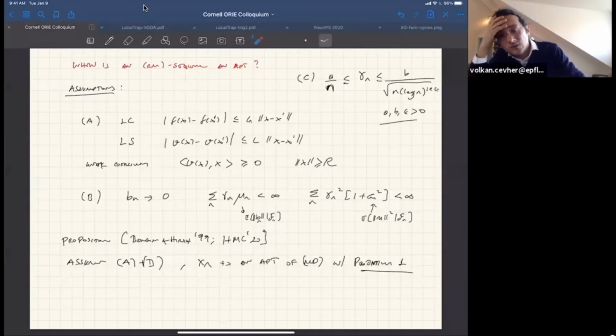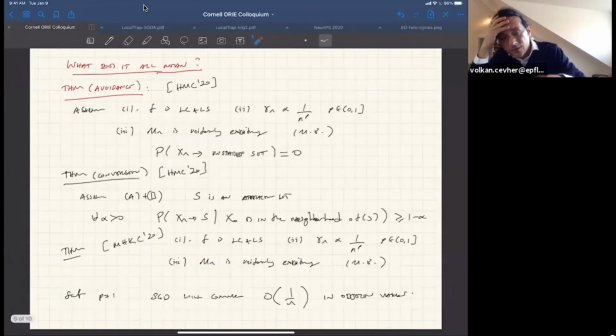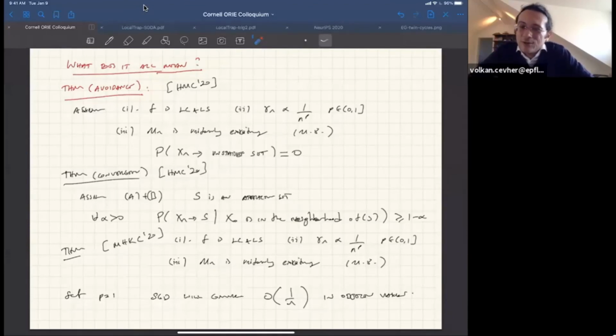But what the result says is that the typical users of these algorithms cannot avoid these spurious attractors in minimax problems. Hence, it tells you that in things like GAN training, you can do additional iterations in the discriminator, but you don't necessarily avoid these spurious attractors.